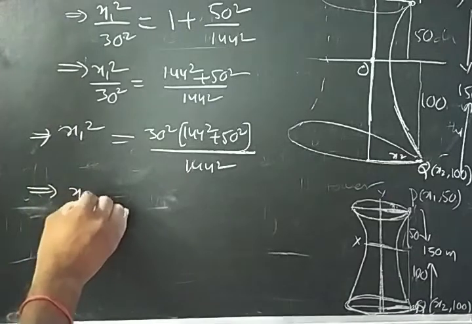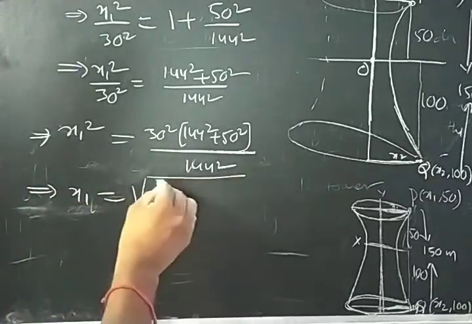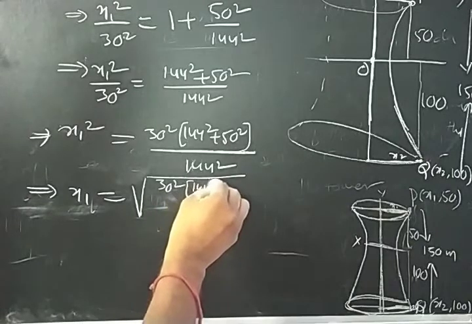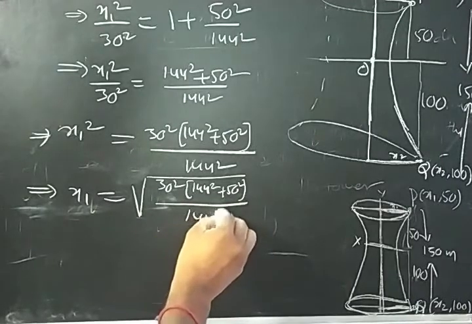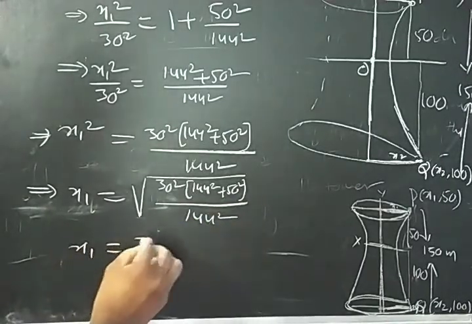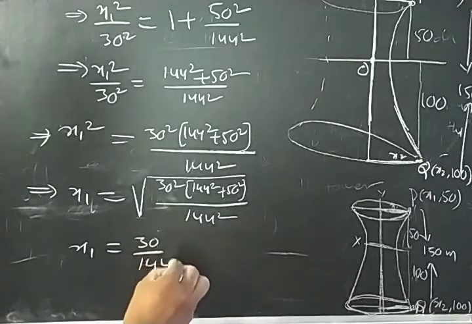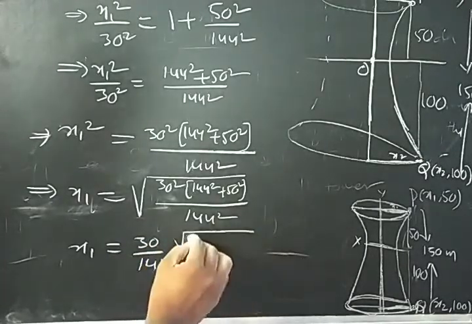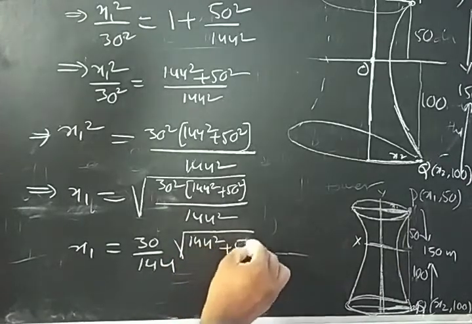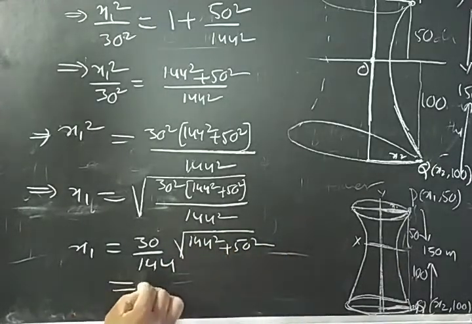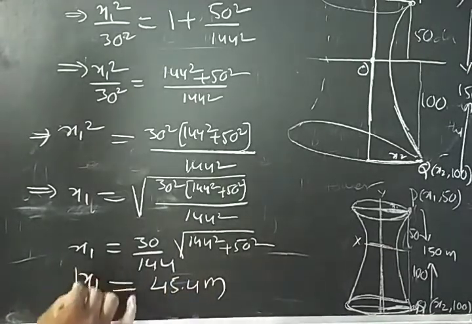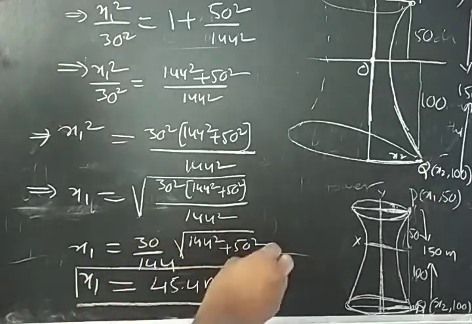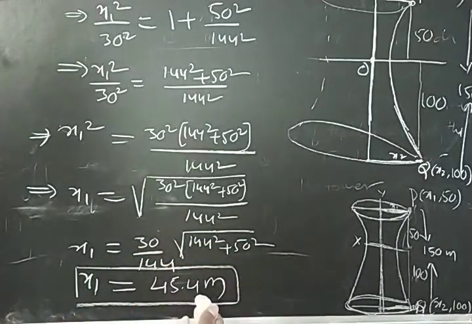Now x1 is square root of that, so x1 is 30 by 144 square root of 144 square plus 50 square. By simplifying this, you will get 45.41 meters approximately. This is x1.